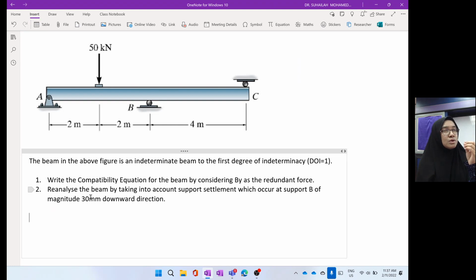So what are we going to analyze when we have two beams, primary beam and redundant beam? We are going to calculate displacement delta B naught and FBB. So how to get this? We have to analyze the primary beam and the redundant beam.